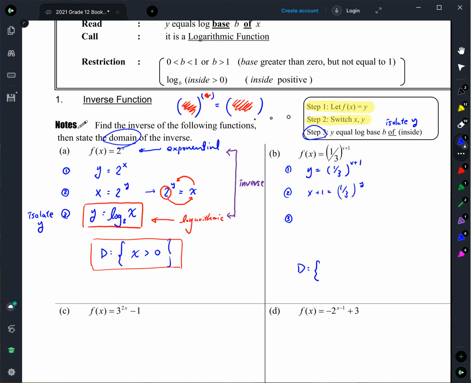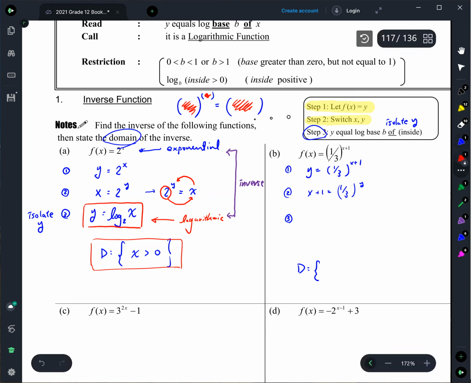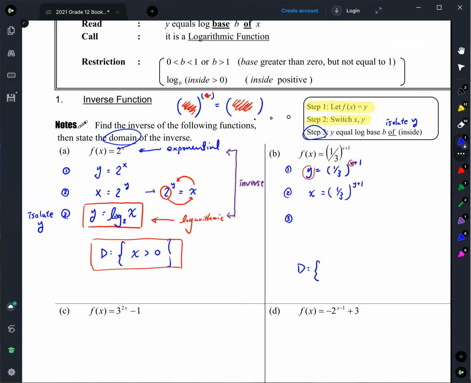Well, step 2 says switch x and y. So basically the x letter, you just write it as y, and the y as x. So it'd be x equals 1/3 to the y plus 1. Yes. So that's what it means by switching x and y. Don't switch the other parts. Once you get there, you can start to do the counter clock.